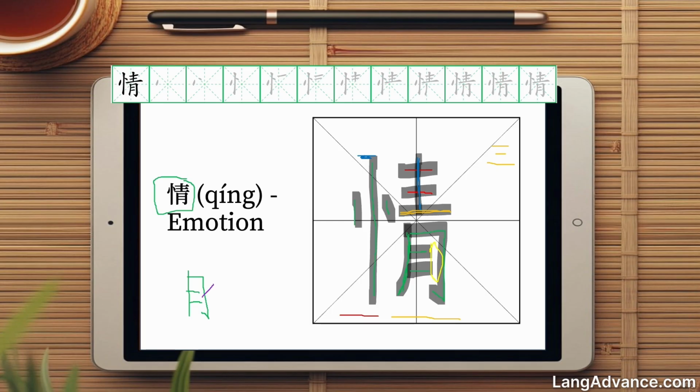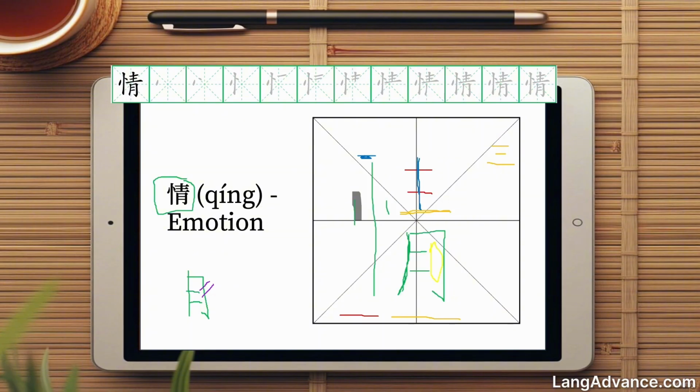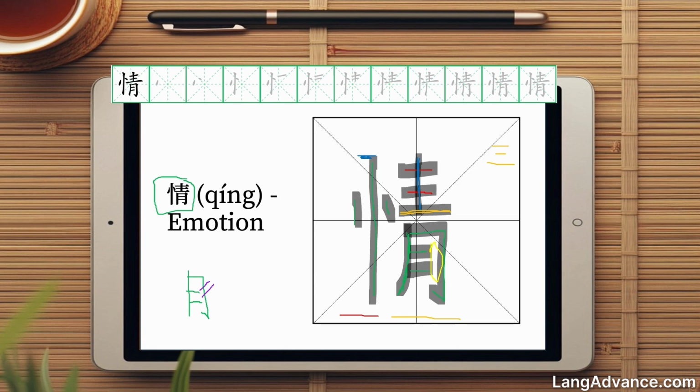That's how you write it. So cool. Let's see how to write qing in Mandarin Chinese. We have the vertical and our qing. Remember the little curve, and remember to make space. Leave some space in between.